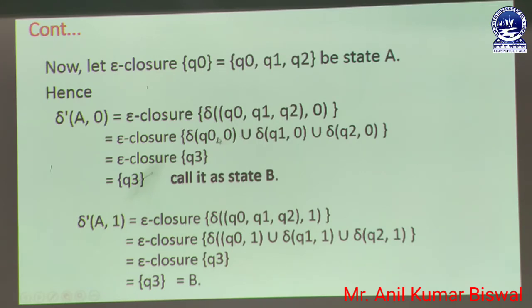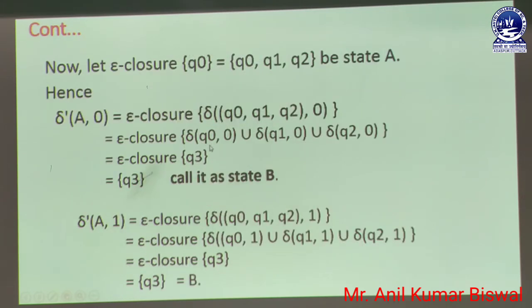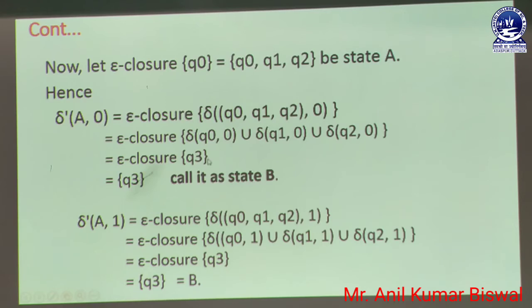Whenever the user puts Q0 with input symbol 0, there is no state, that means we have an empty state. Then we find the union with Q1 on 0. Whenever Q1 takes input symbol 0, in that moment it creates the next state, that is Q3. So whenever the user puts input symbol 0 to state Q1, Q3 is created.